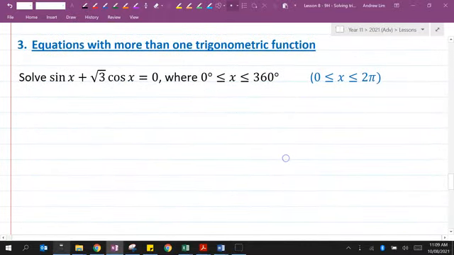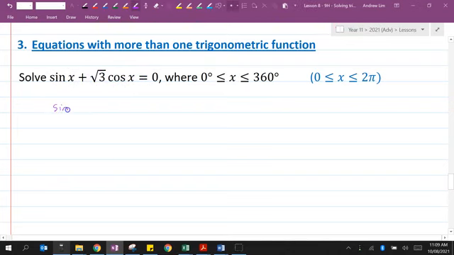Okay. Part 3, equations with more than one trig function. Solve sine x plus root 3 cos x is equal to 0, where the domain is from 0 to 360, or from 0 to 2 pi. What we need to do here is, we can't have two different trig functions. We can only solve it when there's only one trig function. So I'm going to move this to the other side.